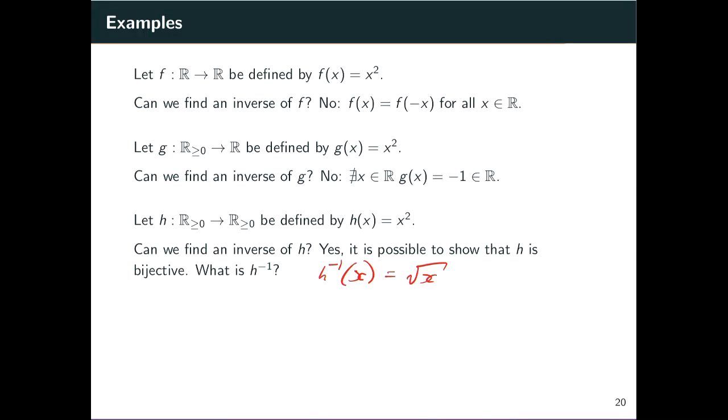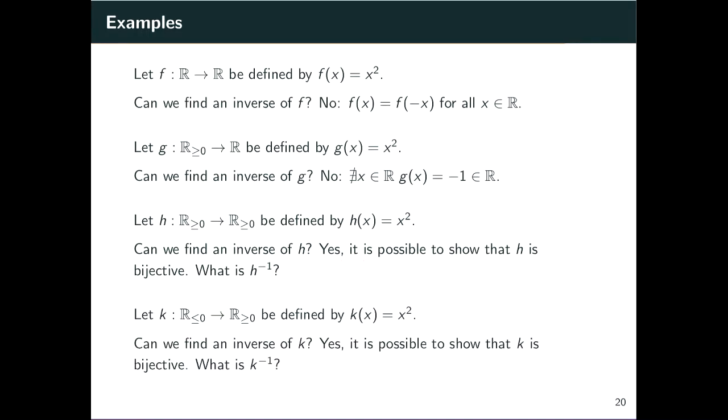Now, there's another way we could restrict our first function f to get an invertible function. And this one is k. So instead of restricting the domain to the non-negative numbers, I'm going to restrict it to the non-positive numbers. So k is still this function that squares a number.